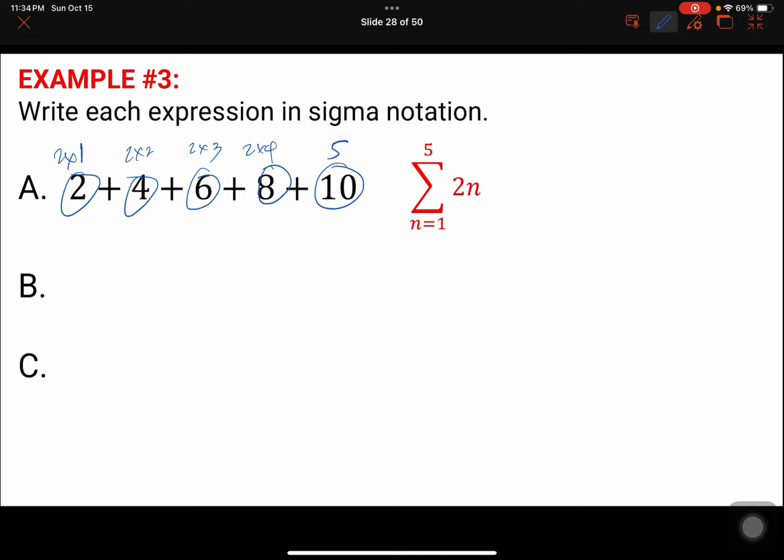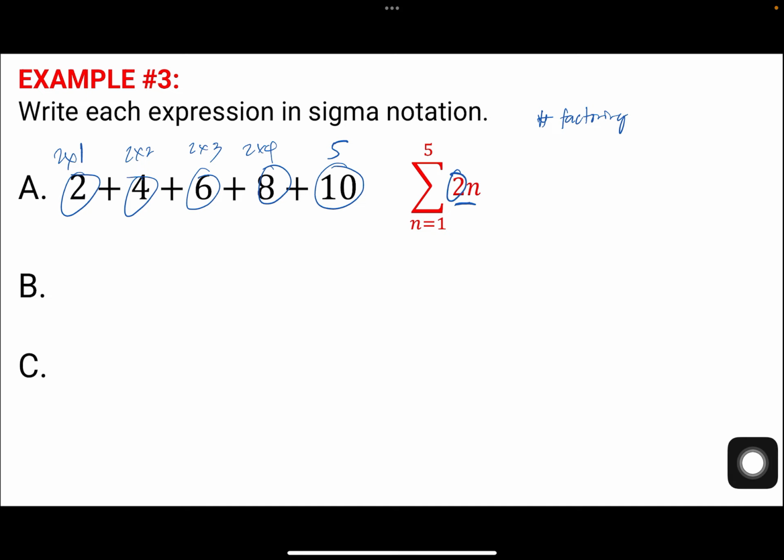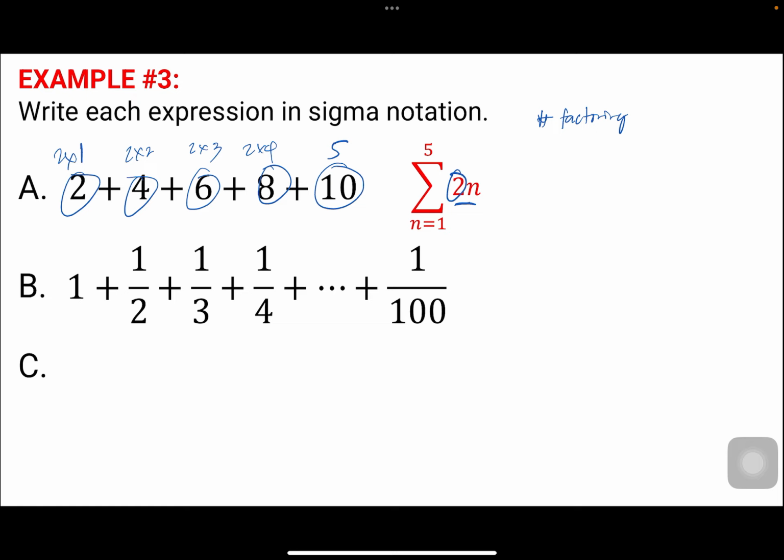Okay? So another thing, paano ko nakuha to? So we can use factoring. So if i-factor out mo yung mga factors niya, para makita natin ano yung mga similar na constant sa kanya, like 2. Again, let's try this. So in this part, mapapansin nyo, yung denominator ay yung lumalaki sa atin.